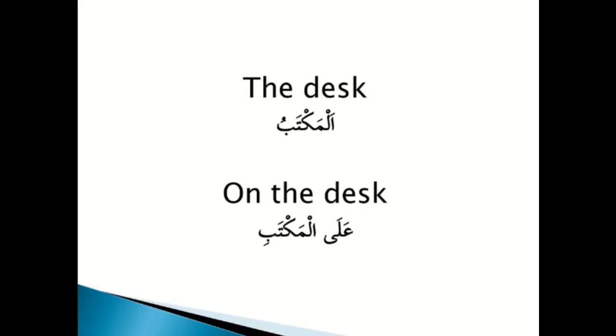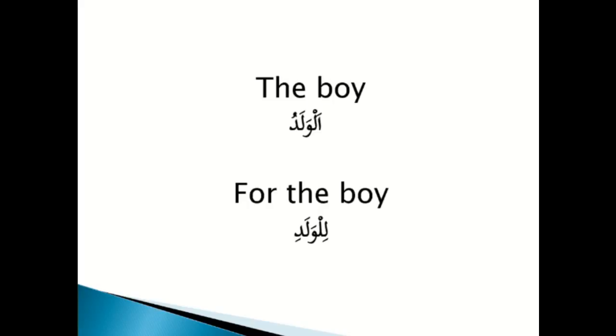Whenever there's a harf, the word after that, there's going to be a kasra on it. It's going to be in halatul jar. The boy. Al-waladu. We're going to say for. You're going to use li. Lil waladi. Nice. So what happened? What is the change that happened? The harf at the end, the hal. It's now halatul jar. Nice.